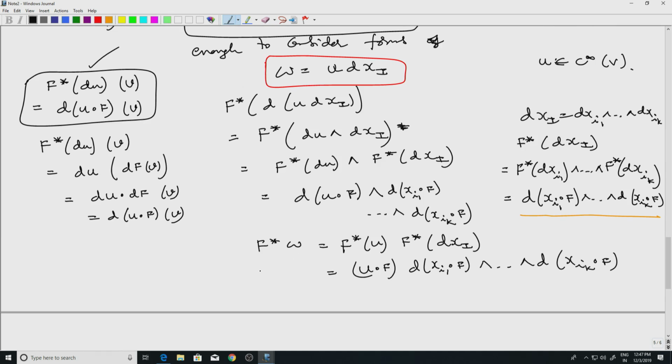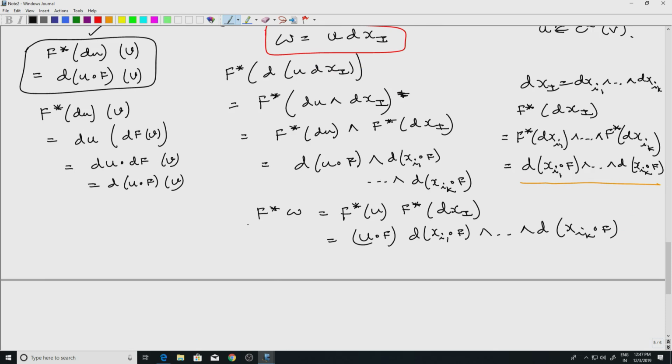Now, not quite, we are not yet done, so I have to take d of this, d of f star omega. Again the same thing: I have to apply the Leibniz rule, k plus 1 times actually. But when I take d of any of these terms and anything in between, I'll end up getting 0.